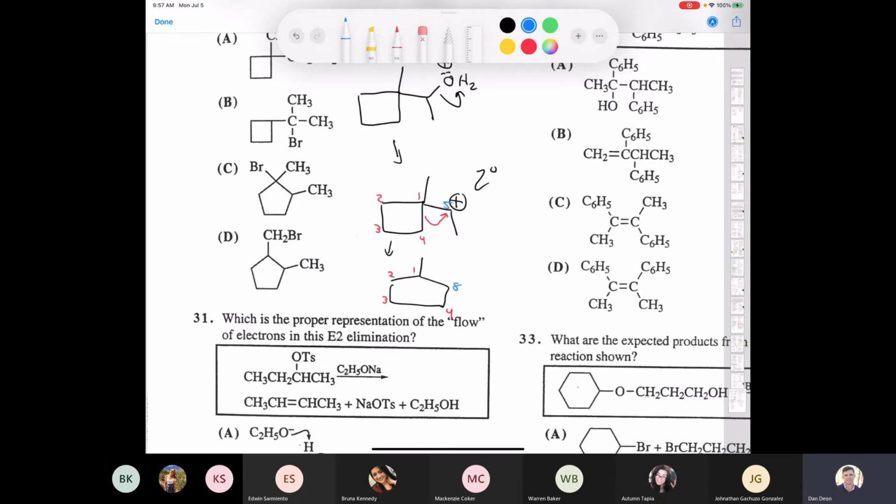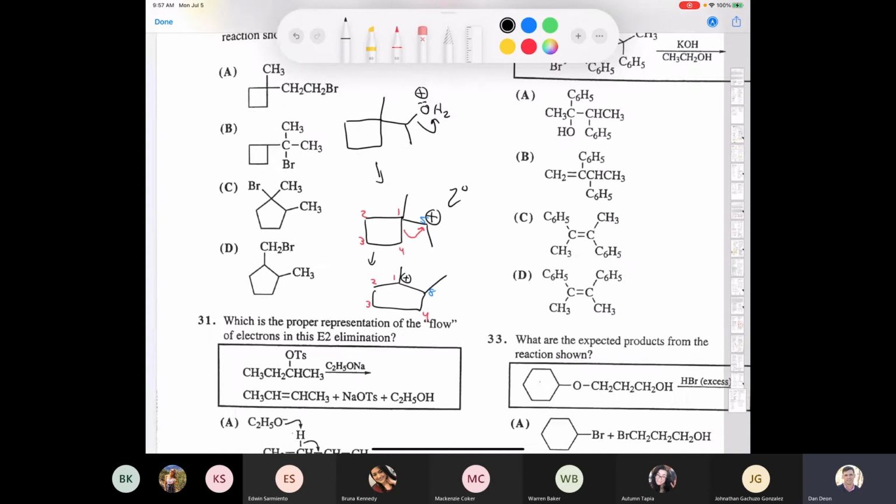And now it still has the methyl group on it like that. But now carbon number 1, since it lost those two electrons, has the positive charge. So that's your carbocation.